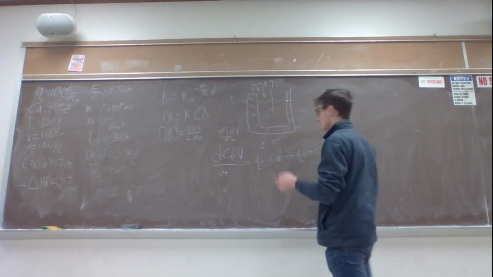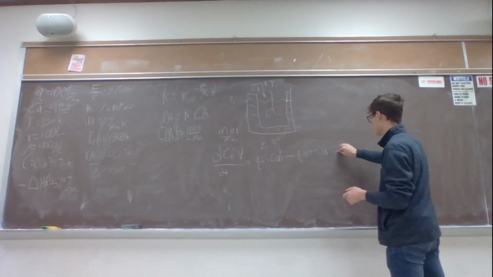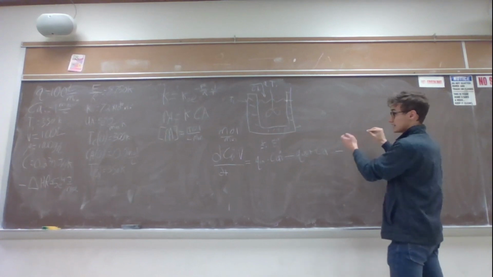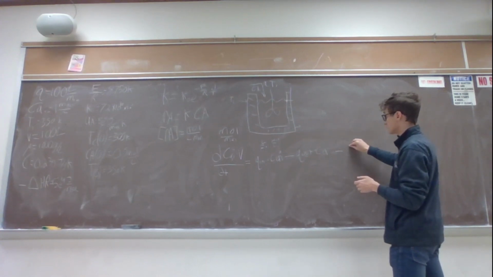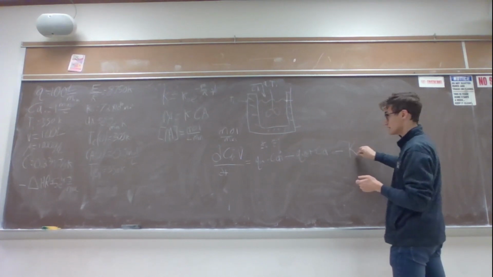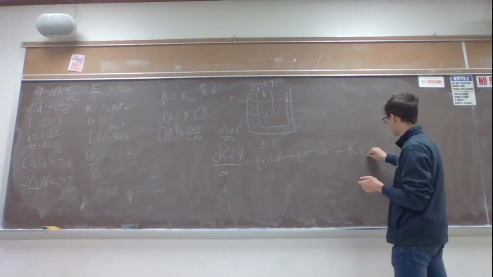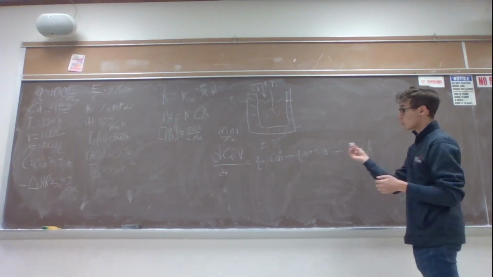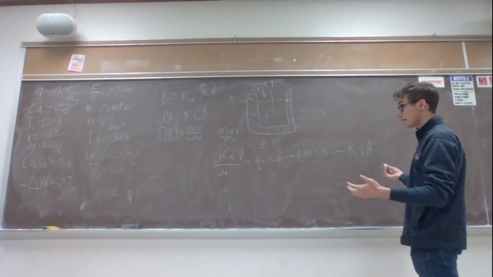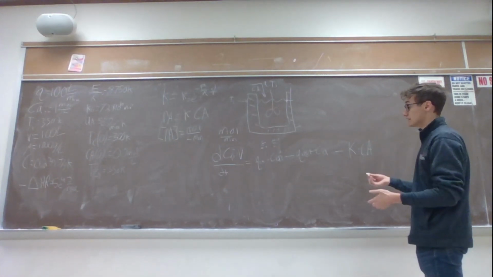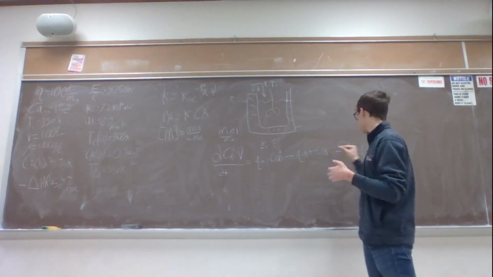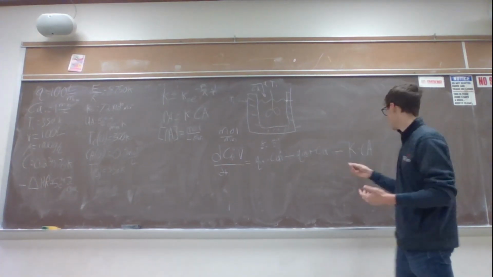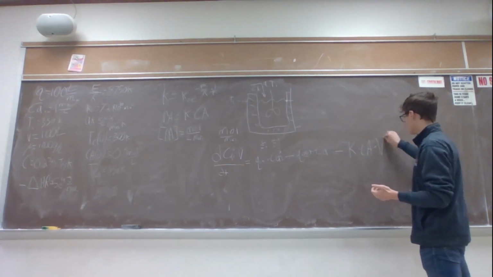So we have K times CA, and we're going to subtract it, as we're taking it out of this tank, as it's turning into B. K times CA gives us moles per liter per minute, but we want moles per minute. To get it out of liters, we multiply by volume, so the liters will cancel out, times volume.